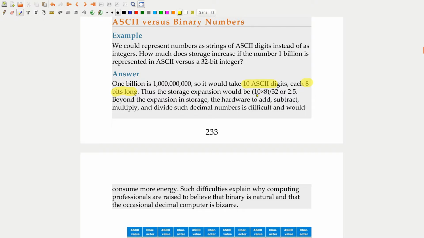So the storage expansion is 10 times 8 divided by 32, which is 2.5. That's pretty big. We need 80 bits just to represent this number, and 1 billion is not a very big number. My goodness.